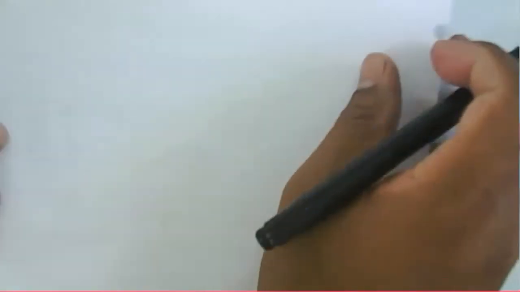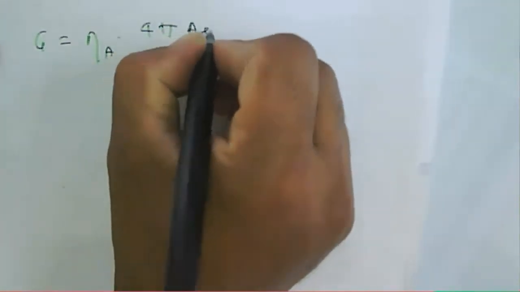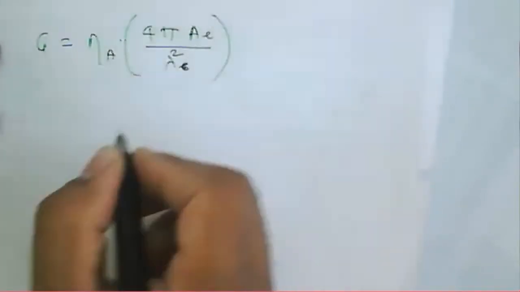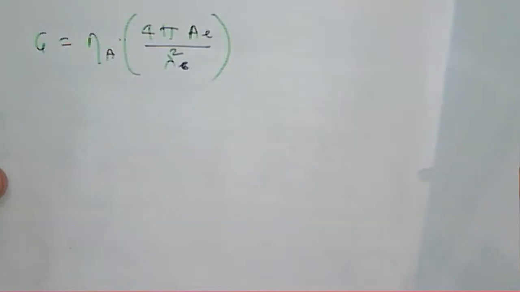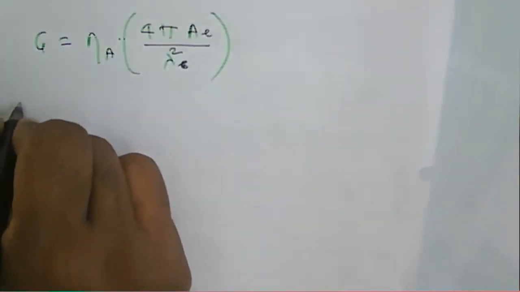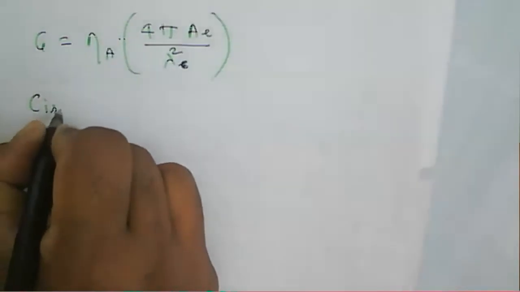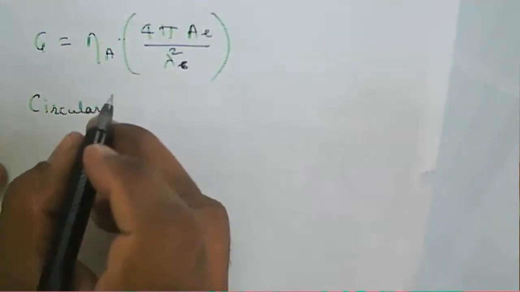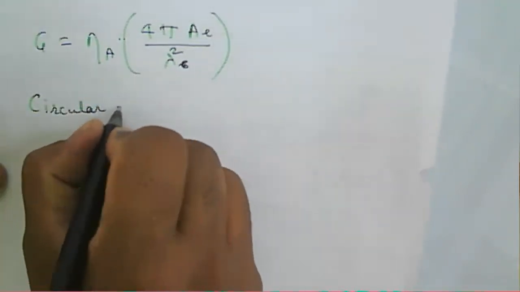So when we consider the gain, then we need to consider that for the given particular gain of an antenna, we should know what the aperture area of an antenna will be. Suppose we consider that the antenna has a circular aperture, or that circular aperture is nothing but what?